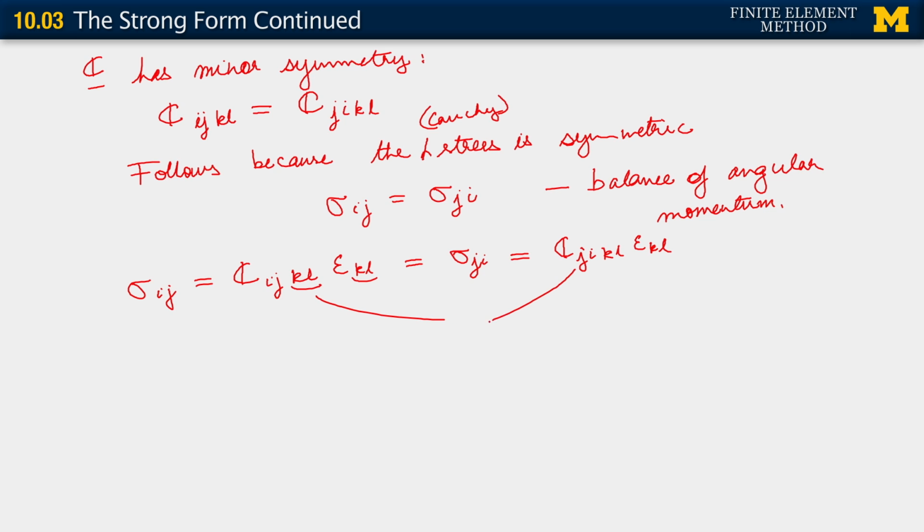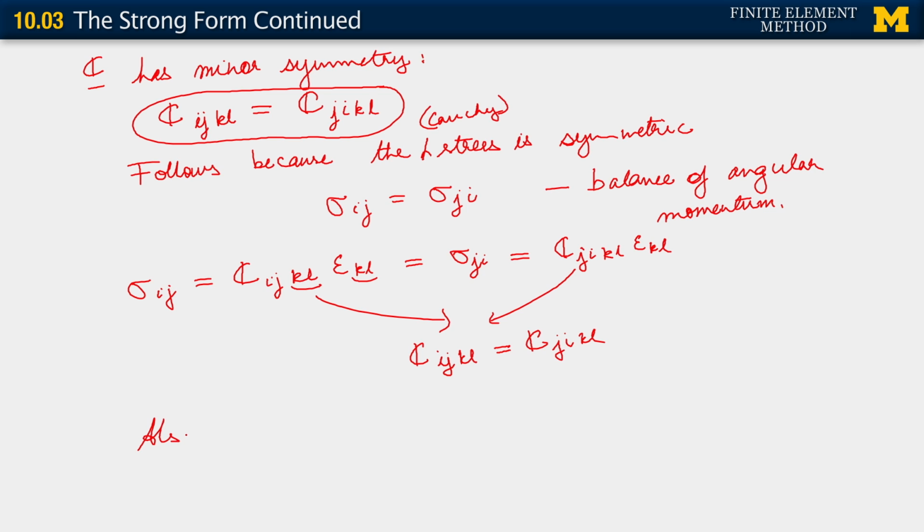These two conditions then imply that C_ijkl equals C_jikl, which is this condition of minor symmetry that we'd put forth. C has the other kind of minor symmetry as well.